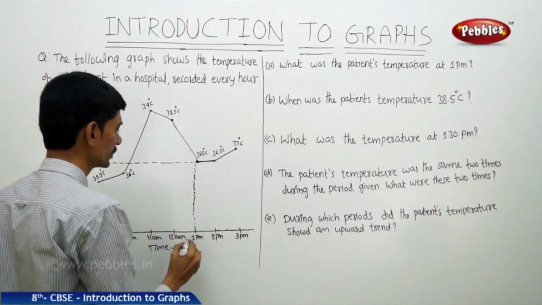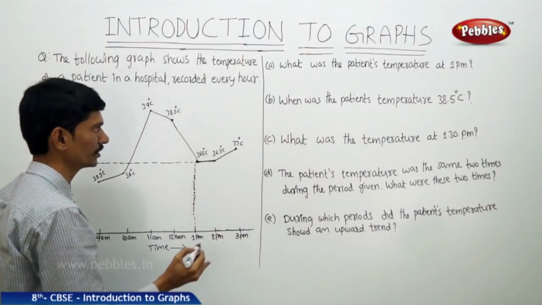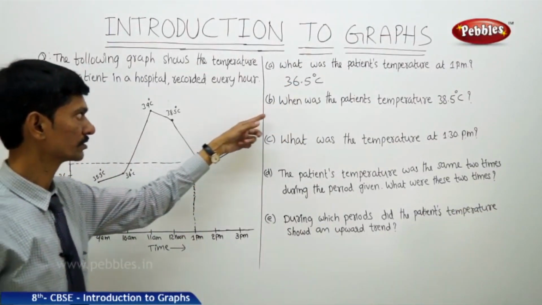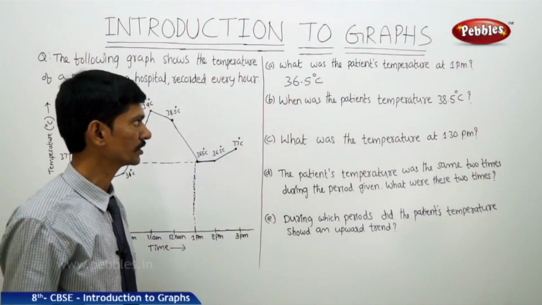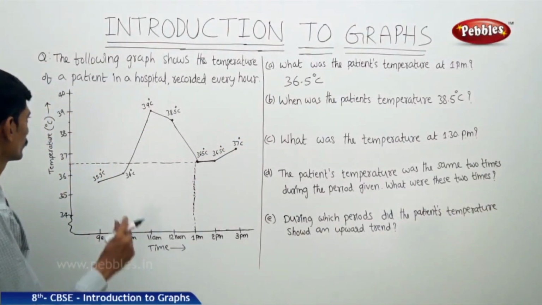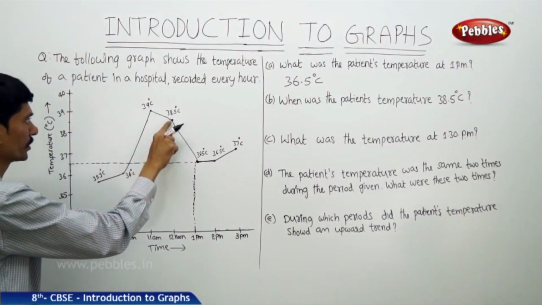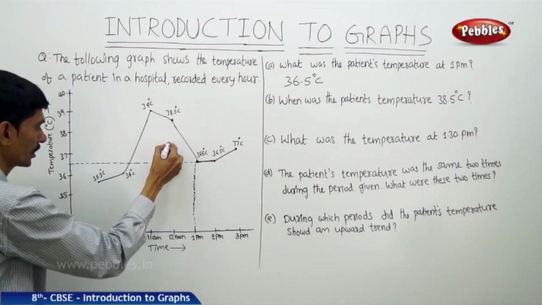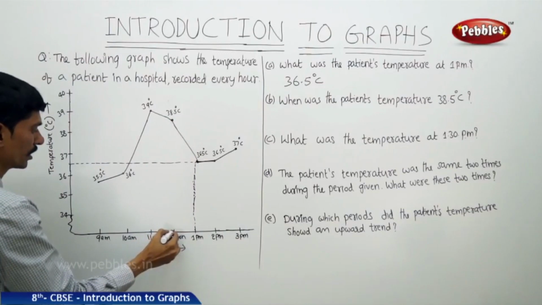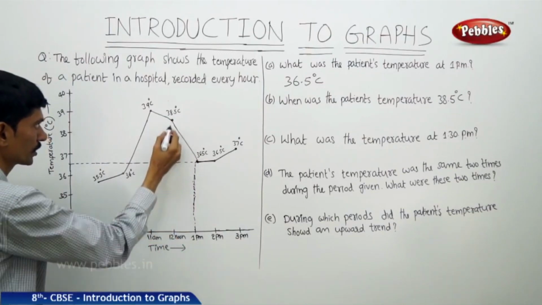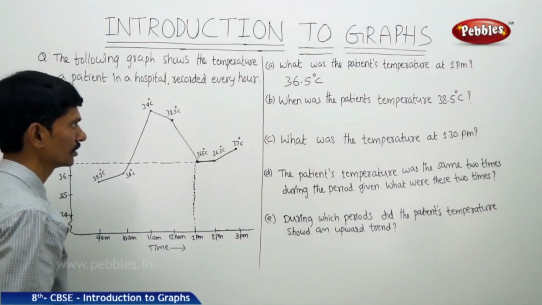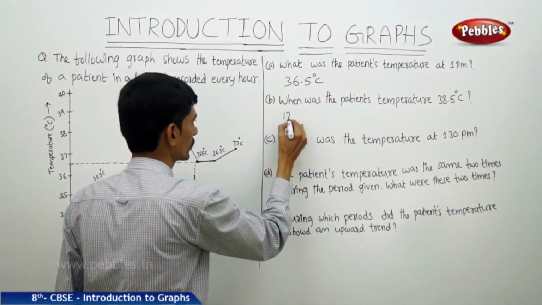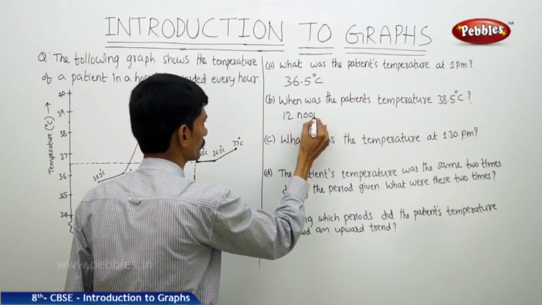So the temperature at 1 p.m. was 36.5 degrees centigrade. The second question is, when was the patient's temperature 38.5 degrees centigrade? From here if you draw the vertical line, it will meet the horizontal line at 12 noon. So the patient's temperature was 38.5 degrees centigrade at 12 noon. We can write the answer as 12 noon.